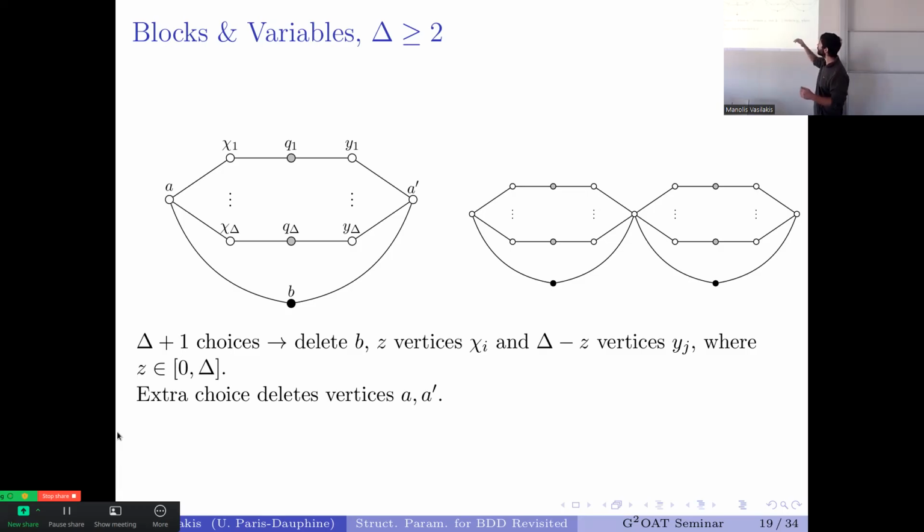So on a high level, when I delete some vertices from the yi's of the left gadget, I actually enforce a remaining budget that forces me to delete some of the vertices from the right gadget, because remember that our degree in the resulting graph should be at most delta.